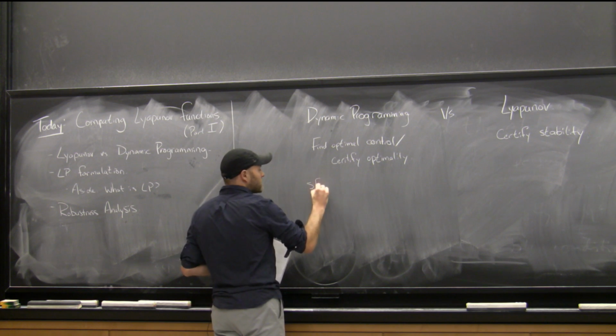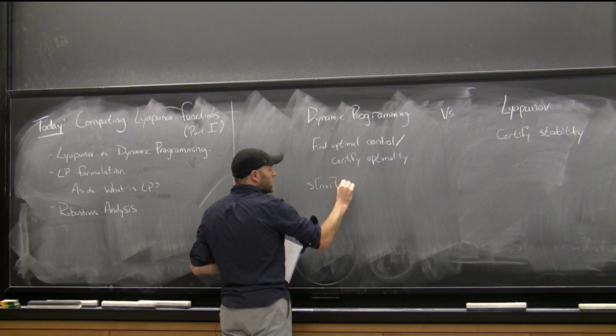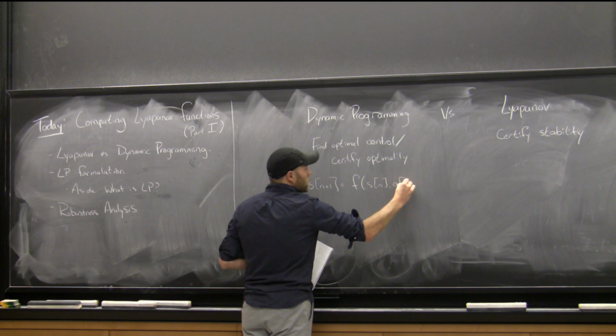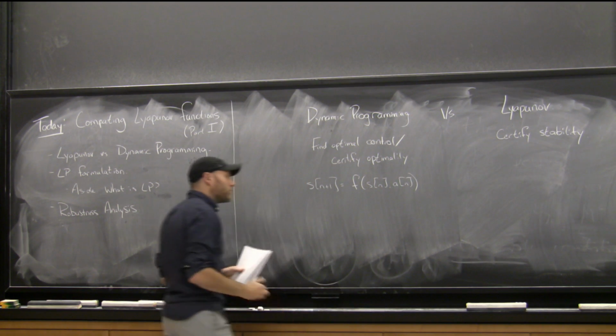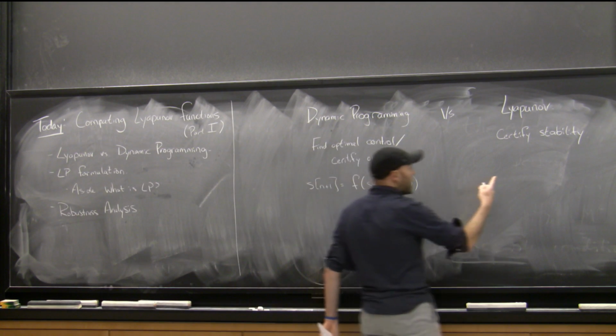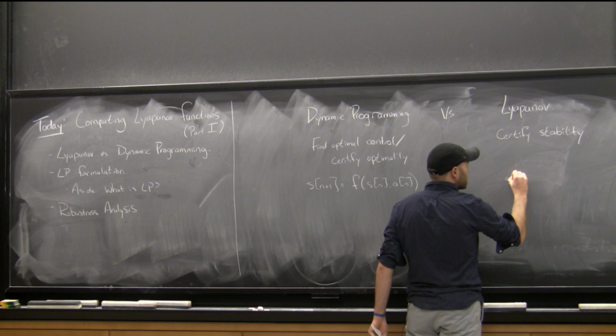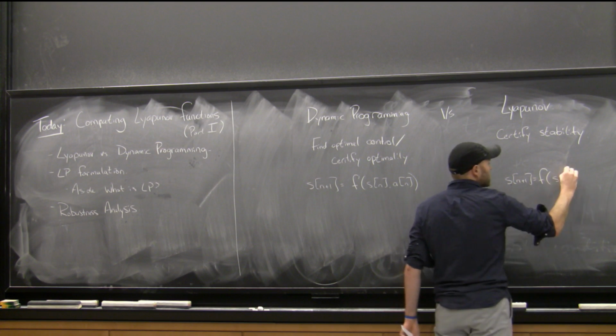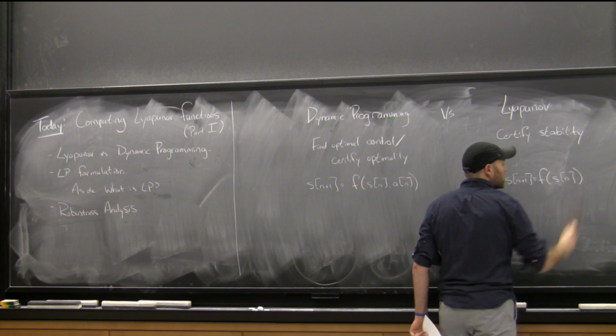So back to the discrete version of this, if we set our dynamics governed by that equation. In the Lyapunov case, we didn't even talk about the action space. We just said we had a closed loop system here, right?